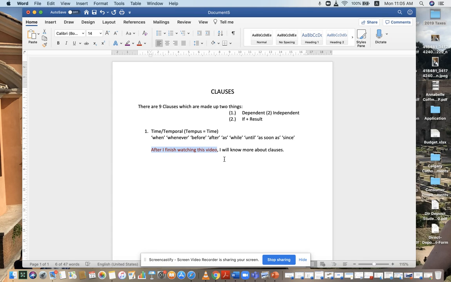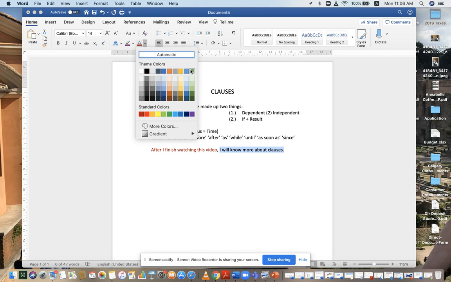And if it doesn't come, the idea is not finished, and you are stuck with a lot of confusion, typically. So we need to finish this idea, which makes this our dependent clause. And the independent clause is right here. And we're going to make it go green. Right there.